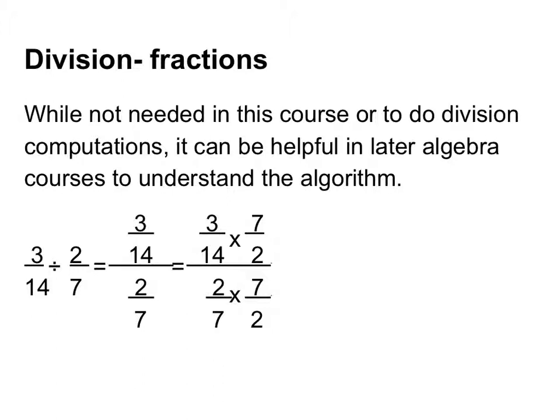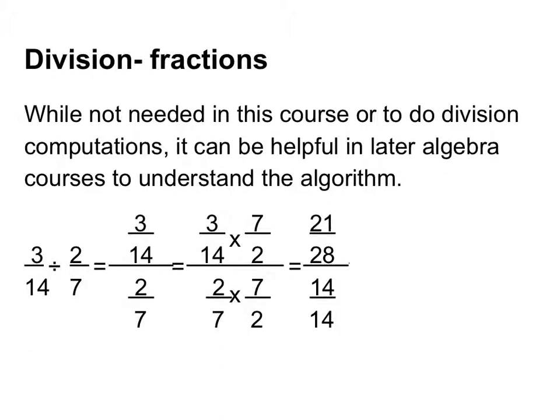I had 2/7 on the bottom, and I'm going to multiply it by 7/2. What happens if I take 2/7 and multiply it by 7/2? Something pretty cool. 2/7 times 7/2, however you choose to do that, gives me 14/14, which is 1.